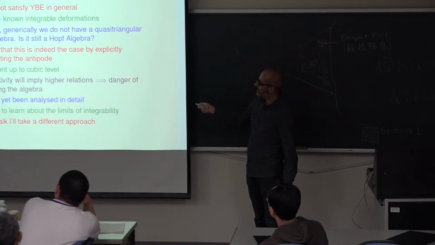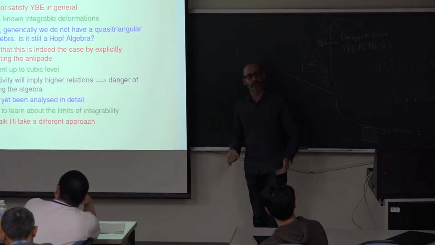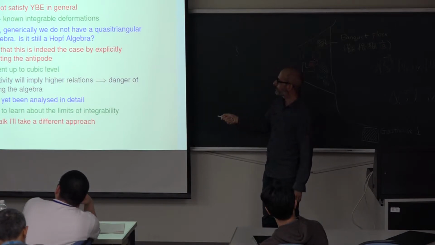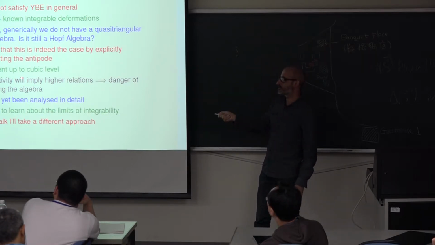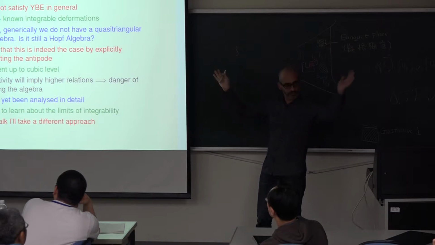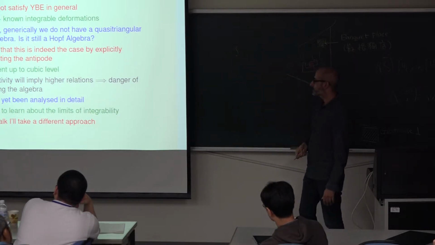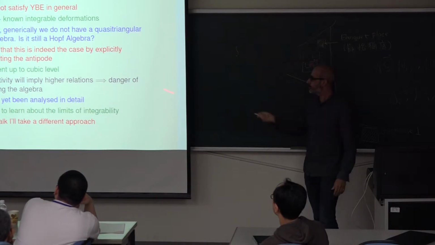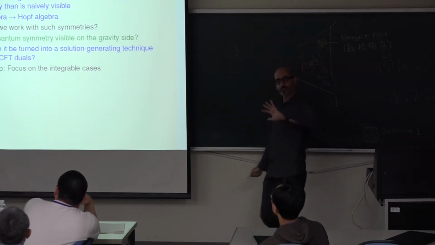But what we did in that paper from 2008, we showed that this is the case because we explicitly constructed the antipode, we constructed something called the quantum determinant, and we showed that it is a Hopf algebra consistently up to and including cubic level. We didn't go higher. So we still have the danger that this whole construction might get trivial if you start looking at higher order. So we haven't analyzed this in detail, but in this talk, we want to do something different. So that was back then.